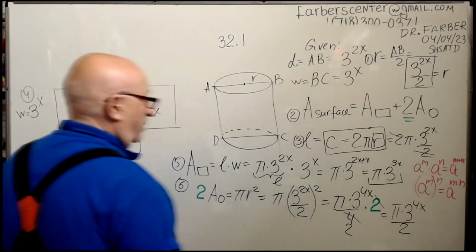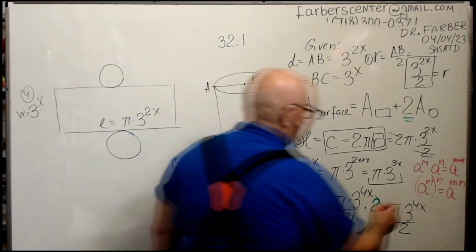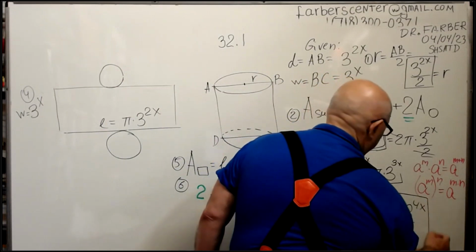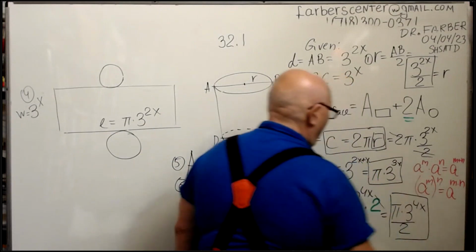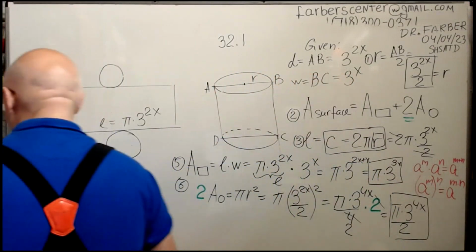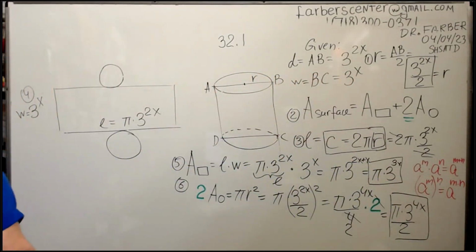And finally, how to find the total area? Add this plus this. Total area. Okay. So far so good. I don't have too much room. I write here, step number 7.